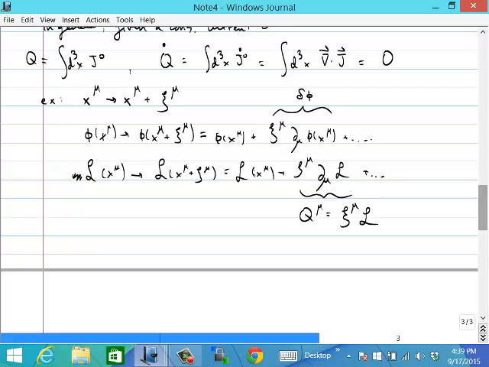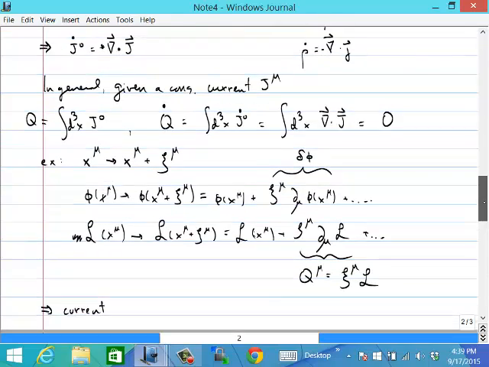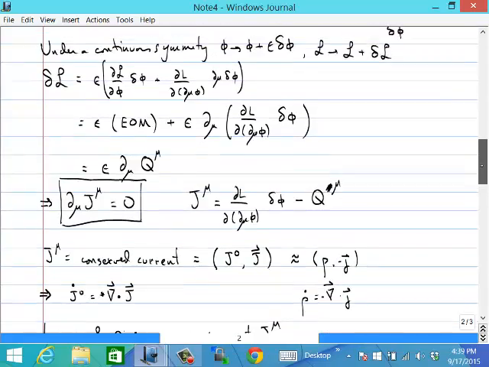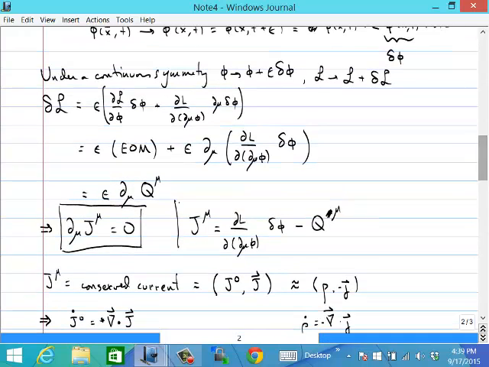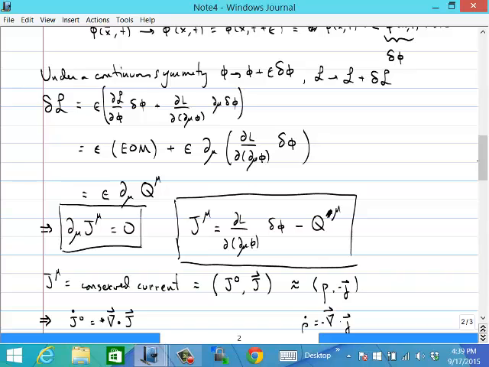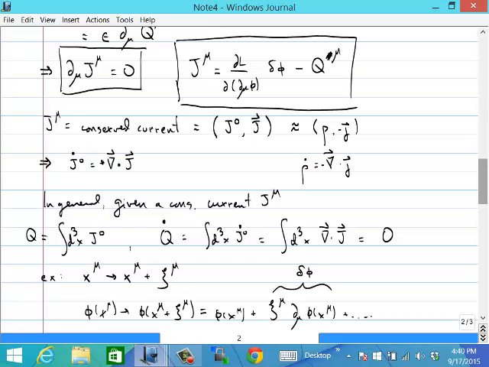Okay. So what does that mean? That means that we have a current. What is that current? Well, we just take this expression and we plug it into this formula here. So J mu is dL by d del mu phi delta phi minus q mu.